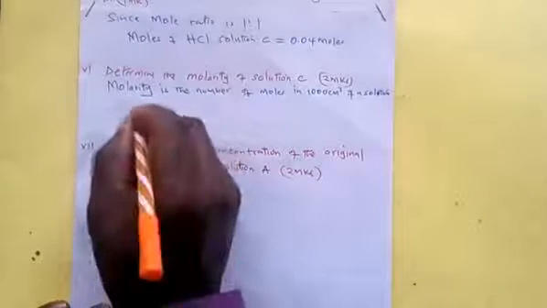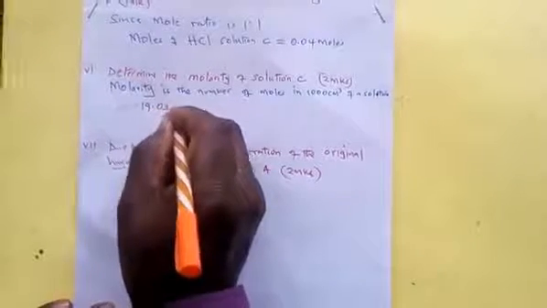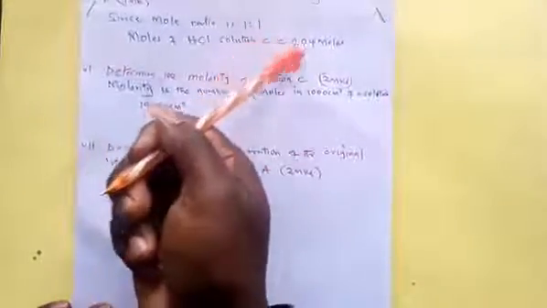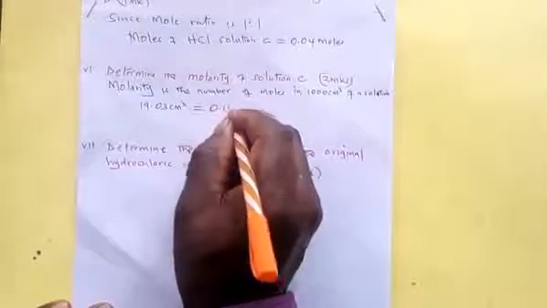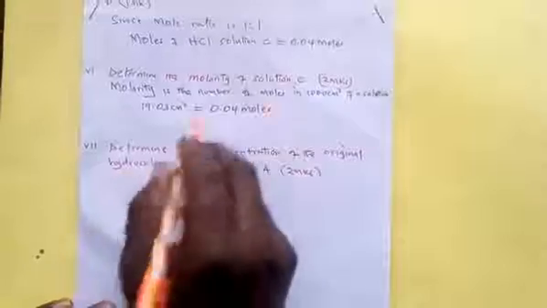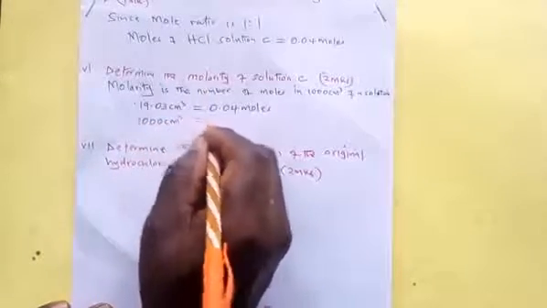So 19.03 centimeters cube, its moles are these, because this is what reacted with sodium hydroxide. Its moles is 0.04. So the question is, what will be the number of moles in 1 liter? Because that is what is called molarity, 1000 centimeters cube will be what?